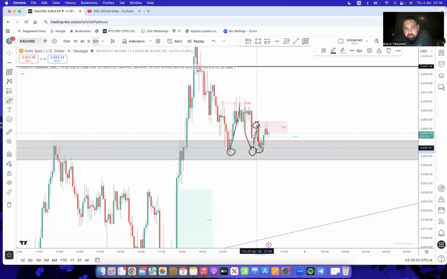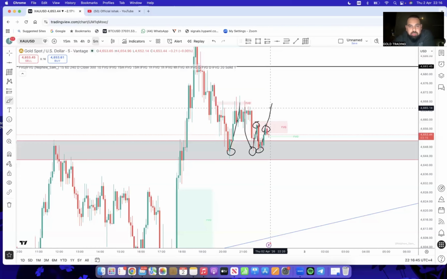Bounced off it again, now pushed back up. And what we need to see for us to know to buy is that it's going to push past these levels here. So we now need to make sure that we get a better entry for us to feel more confident that it is a buy.